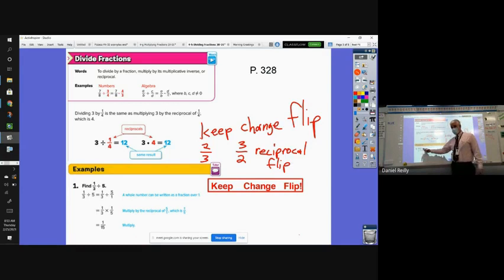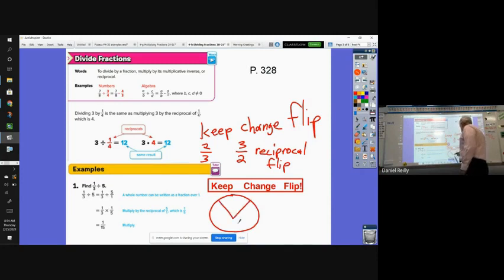If it's not a fraction, you have to make it one. So 5 is the same as 5/1. So 1/3 divided by 5 is the same as 1/3 times 1/5. Okay, and if you think about this, here's my 1. Okay, and here's 1/3.